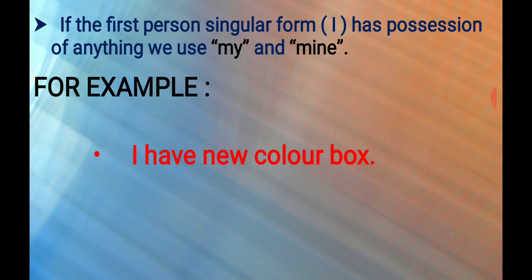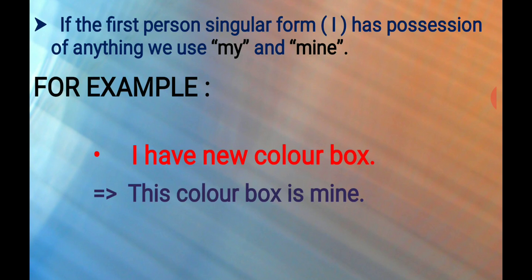So let's see an example and understand this. I have a new color box. This is my statement. I am speaking this statement. Nobody is listening. I am just announcing it. I have a new color box. Right? But when I show it to somebody, I say, this is my new color box, or this color box is mine.